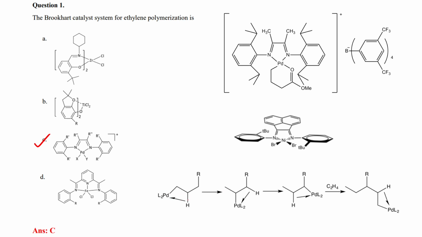Now after that, chain transfer is happening. Palladium comes here, and again this kind of chain walking is there. So this is the initial catalyst, and the palladium-based one is also used this way. This is one of the examples of that. So the biphenyl unit is the common thing for all Brookhart catalysts.